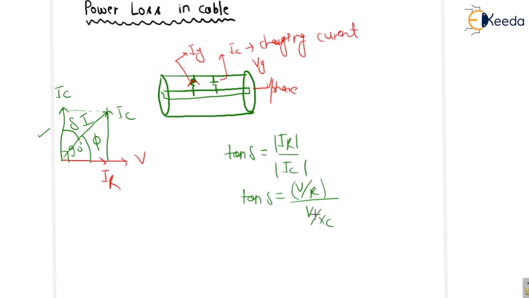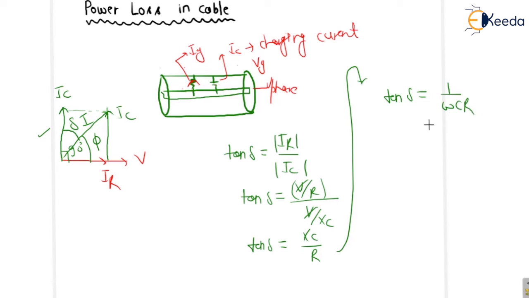Cancelling V, we can write it as XC by R. So tan delta equals 1 upon omega C into R. From here, 1 upon R equals omega C into tan delta.